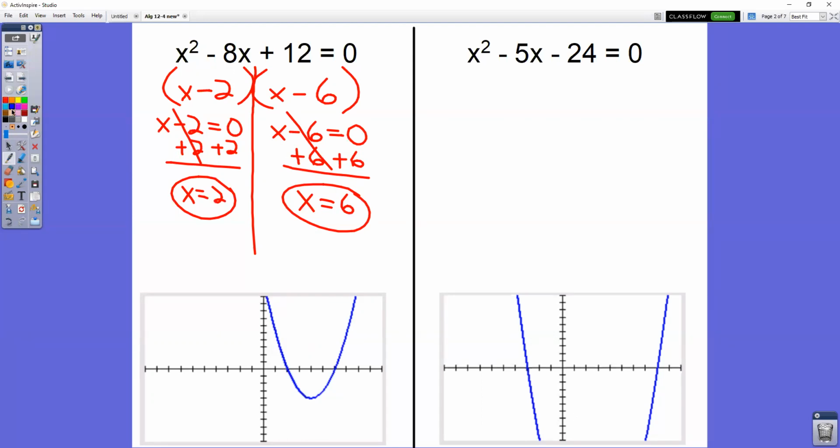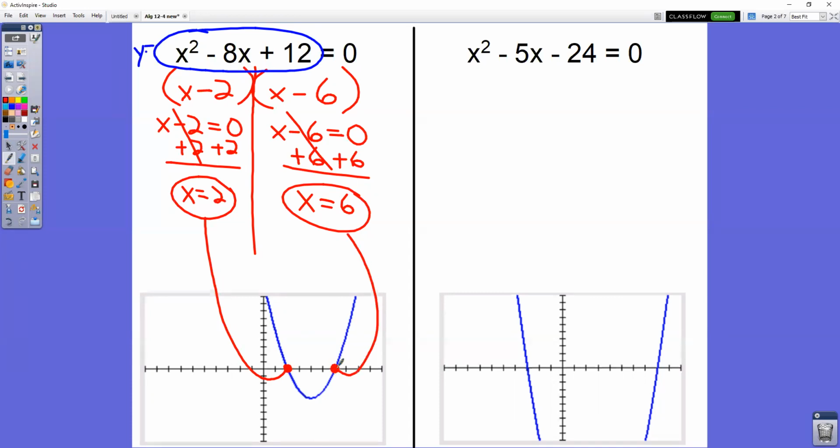What I have down here is a picture if we actually went and graphed this. If we put y equals x squared minus 8x plus 12 into your y equals, this is the graph that you would get. Now notice that these 2 points are these 2 points. We have x equals 2 right here, and x equals 6 right here.